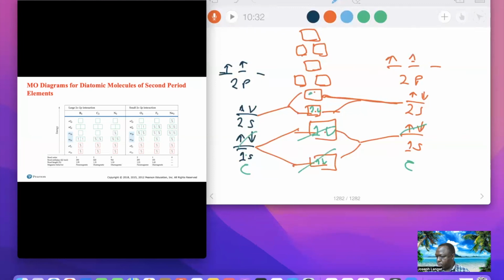The 2 and the 2 go there, and then here they will give us the 2 here for carbon, 2s. The 2s here, for carbon, 2, 2.